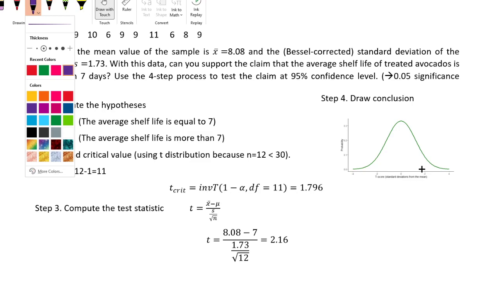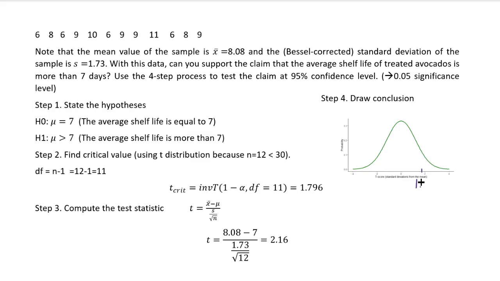So we have this 1.796, which is the critical value, and on the right side of this you get this 0.05 area.